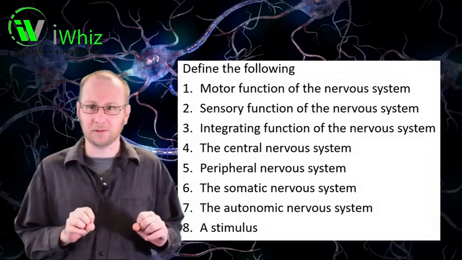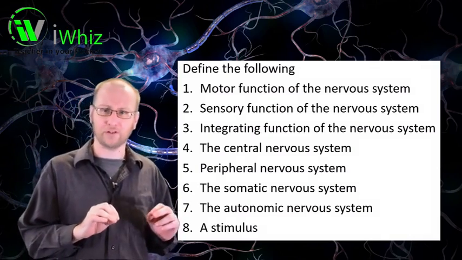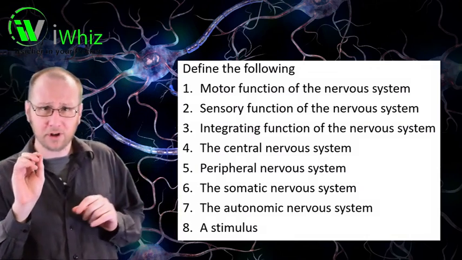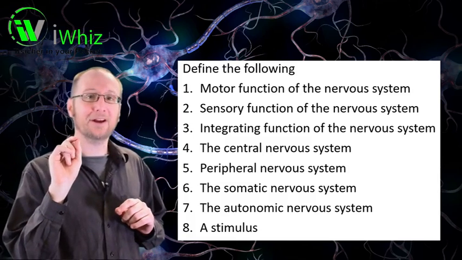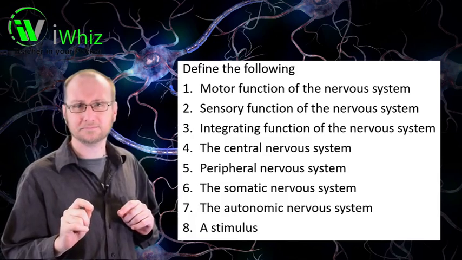Number 2 then, the sensory function of the nervous system. Again, a couple of seconds, let's just remind ourselves quickly. Hopefully this one, after the motor function, should be quite easy.